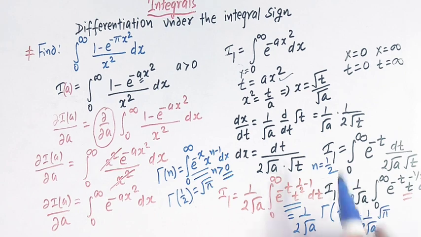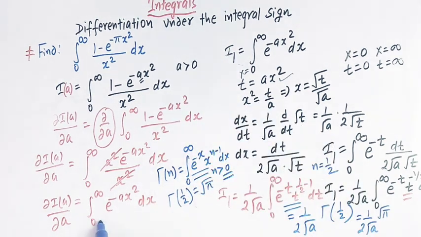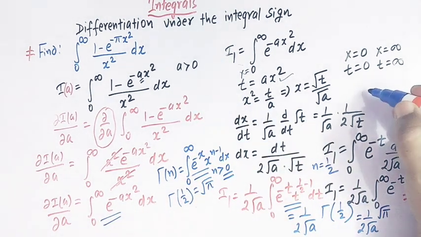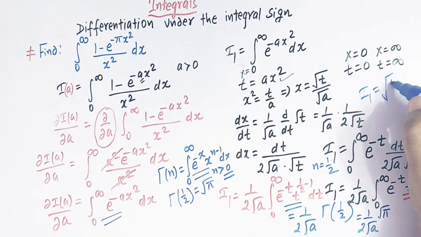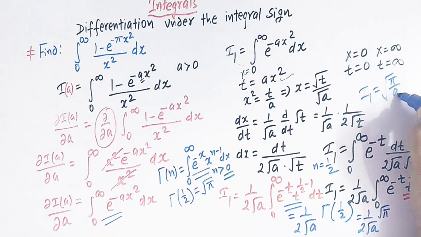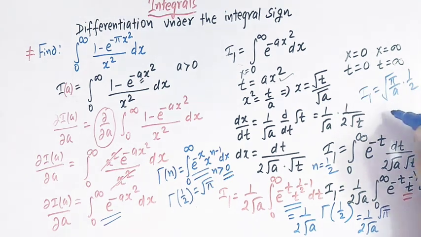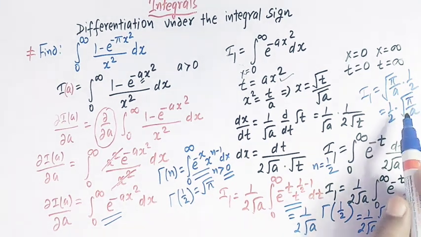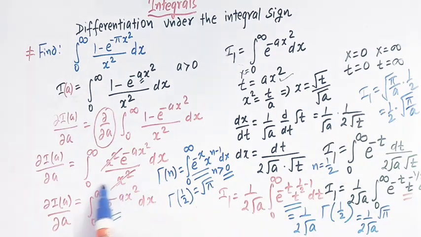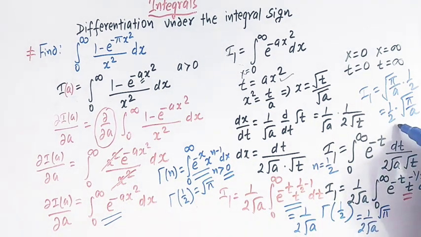So now the value of this integral, that is I1, is given by half times square root of pi over a. So now we can replace this integral by its value.